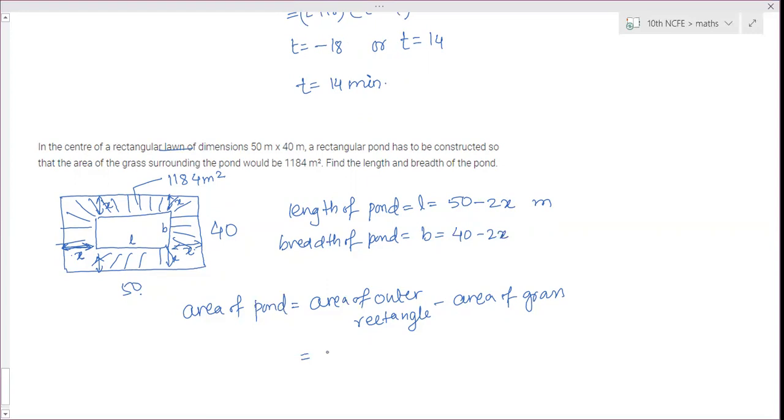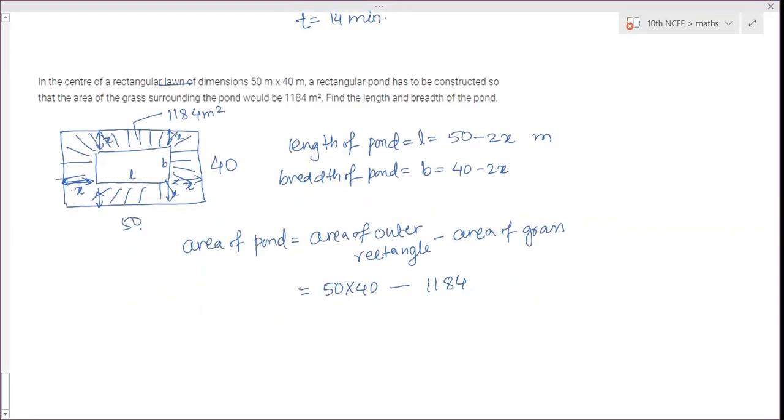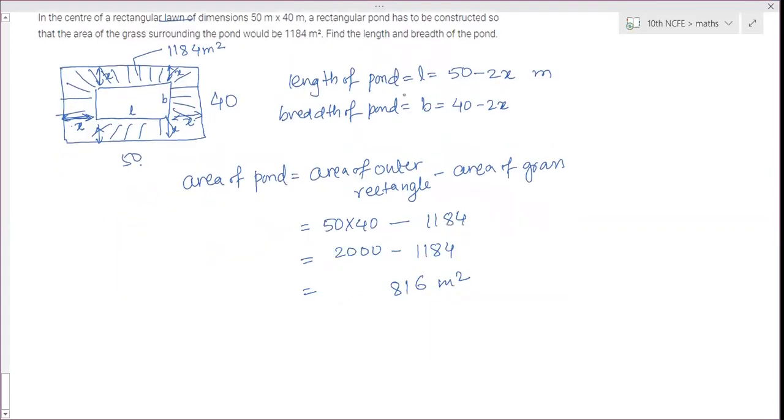So what is the outer rectangle area? 50 into 40 minus the grass area is 1184. So this is equal to 2000 minus 1184. This is equal to 816 meters square.